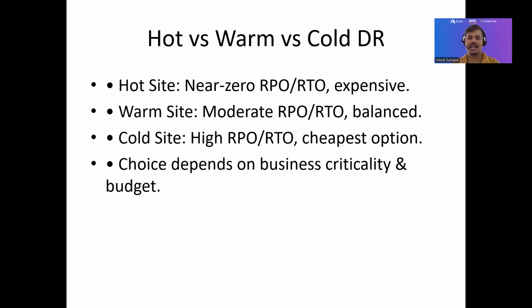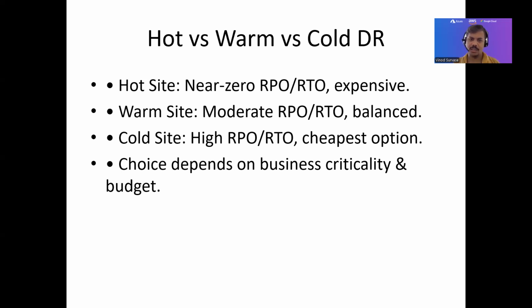So including a hot site, where it's near to RPO and RTO, and it's going to be very expensive, because as soon as anything goes wrong in the primary system, this hot site has all that data and everything available, which is of course a real-time sync between source and target, and it keeps backing up data and systems, and it is easy to bring that operational system back to the business, right? And that is why it's going to be more expensive than the others, right?